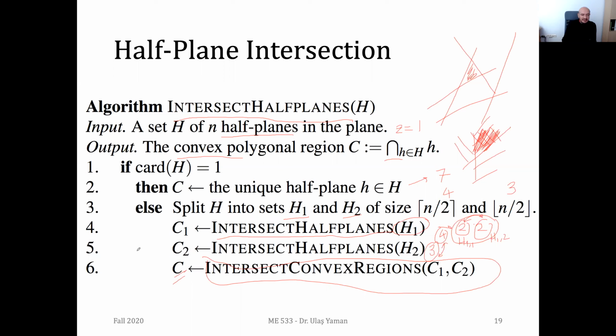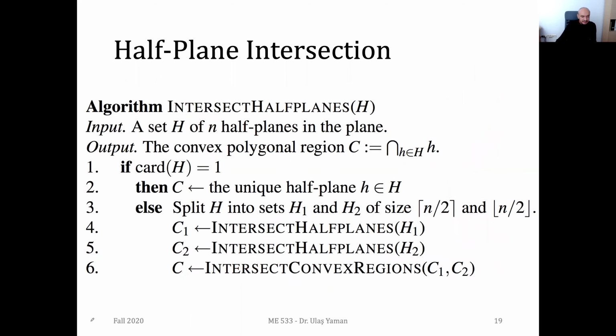So at some point, actually, we might have such regions. Let me try to illustrate it. You may have such a C1, let's say. This might be C1. Let me use a different color. I'm sorry for that.